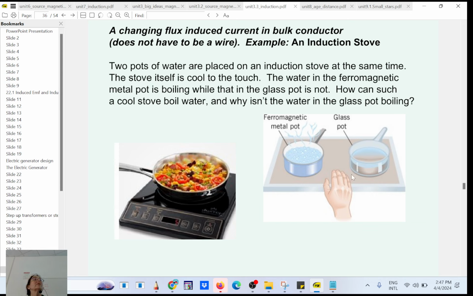Can you have a glass pot? Is it going to work? No, because it's an insulator. So only a metallic pot will work, like aluminium. Because then you have an induced current, and if you have induced current flowing, that's going to be hot. You turn that into heat. So that's how those work.